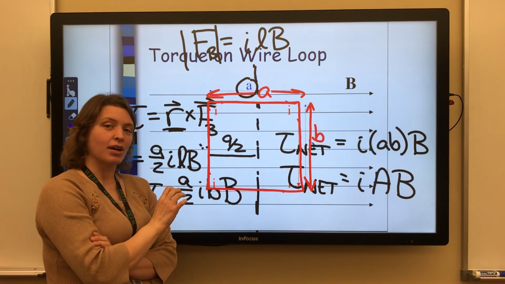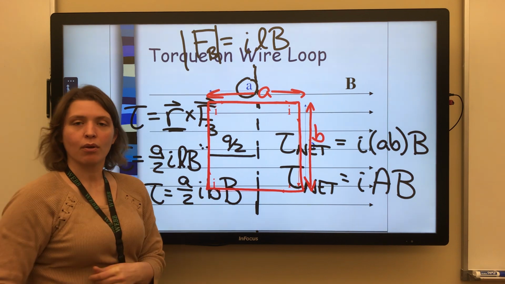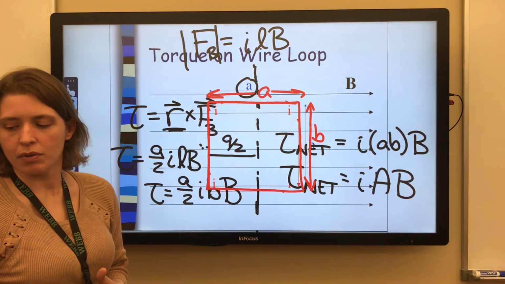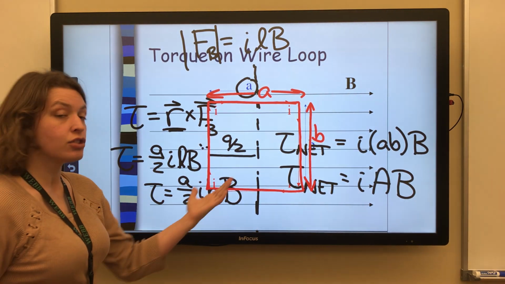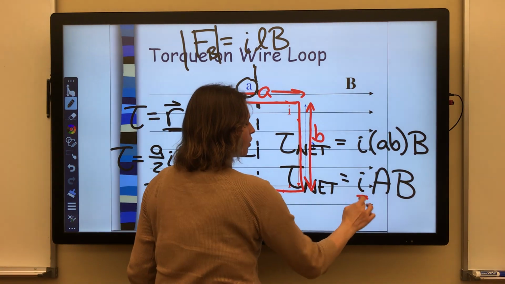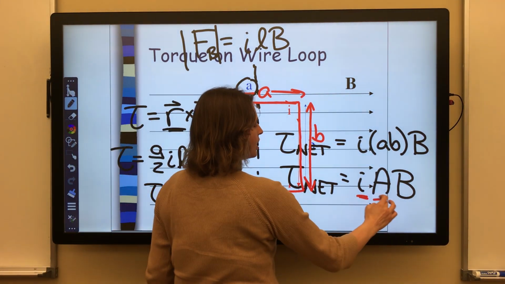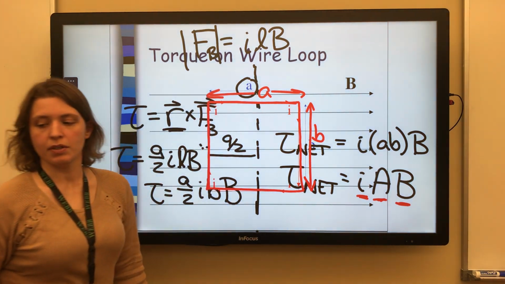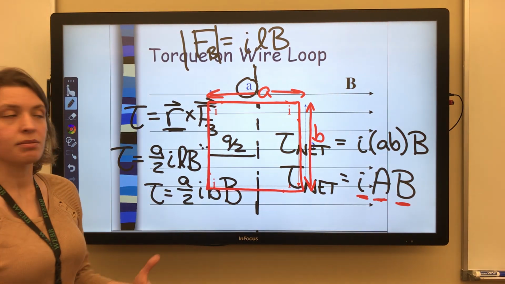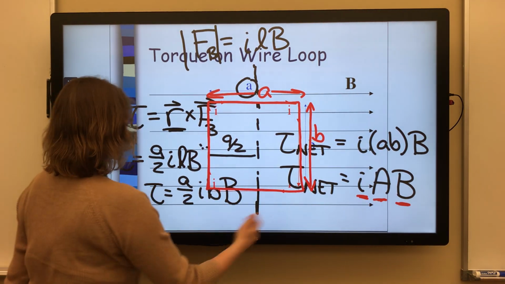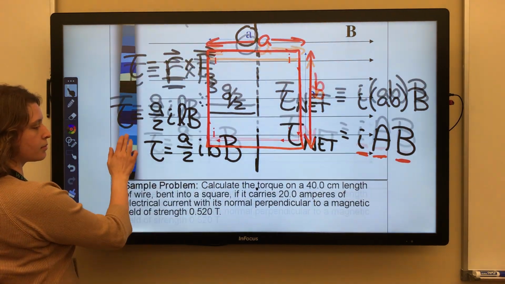It's a slightly more complicated solution. You are welcome to explore it further on your own if you want. But if you had a circular loop as well, you could take the current flowing through the circular loop times the area of the loop times the magnetic field strength, again assuming a constant magnetic field strength, and you could solve the problem the same way.